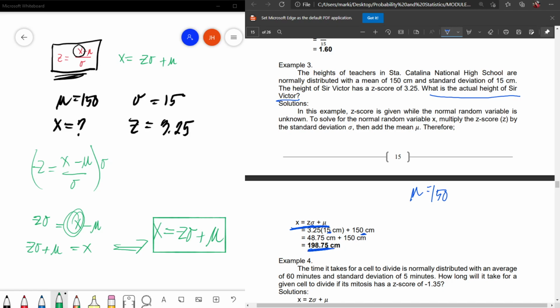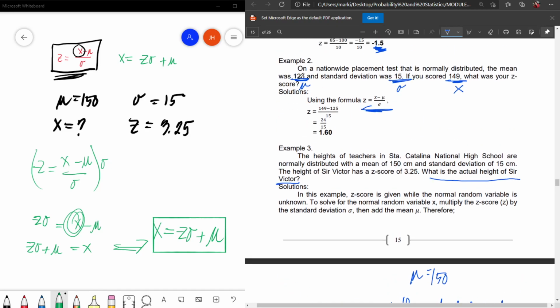It's not yet finished. You should put the therefore and the actual answer. When you are answering problem solving, do not forget to answer the question. So the question is, what is the actual height of Sir Victor? So the actual height of Sir Victor is 198.75 centimeters.